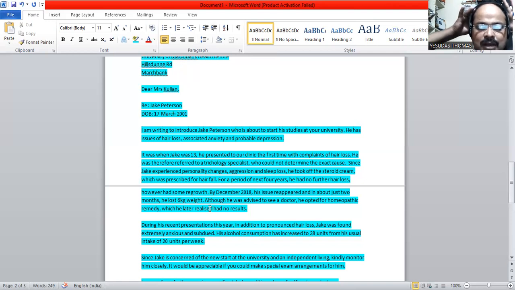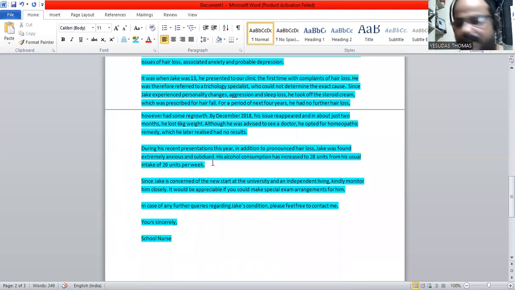Therefore, he was advised to meet a doctor, but he didn't do that. Although he was advised to see a doctor, he opted for homeopathic remedy, which he later realized had no results.